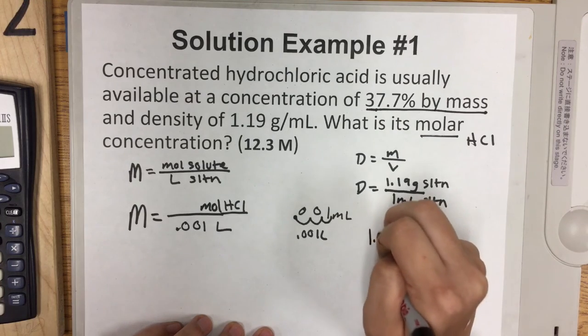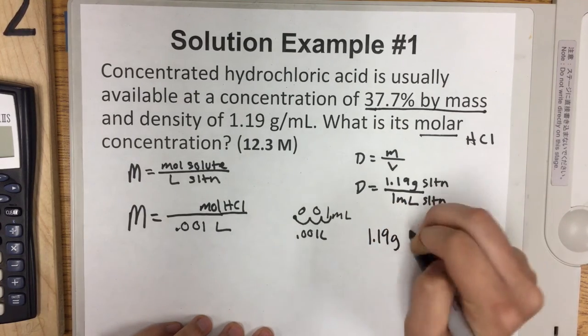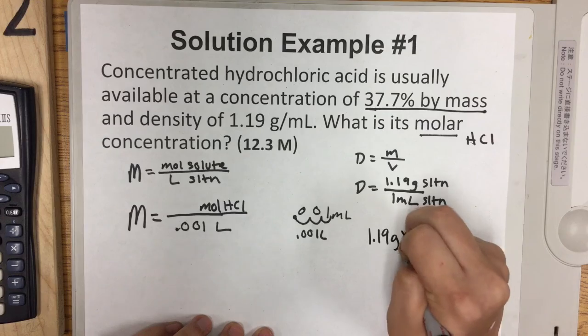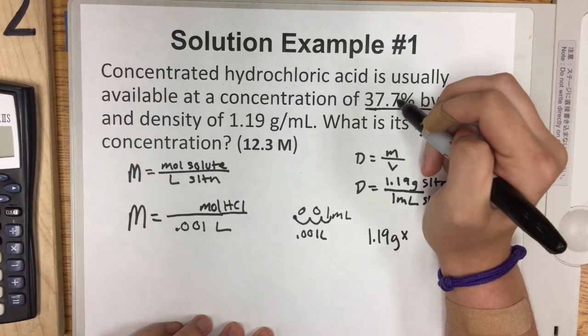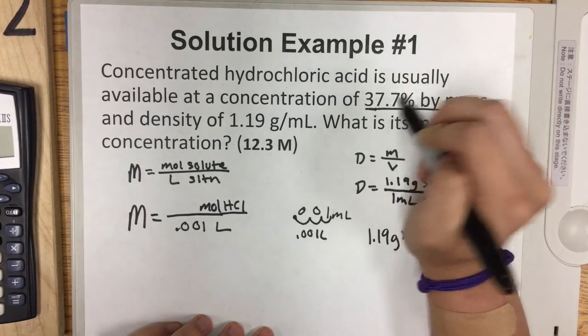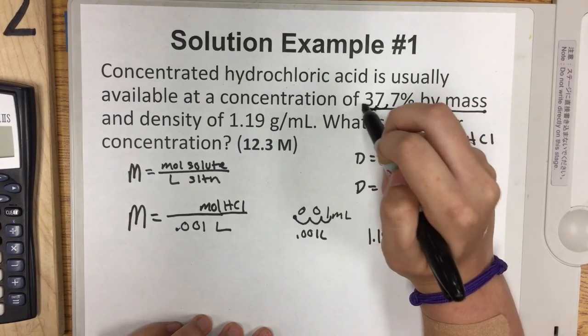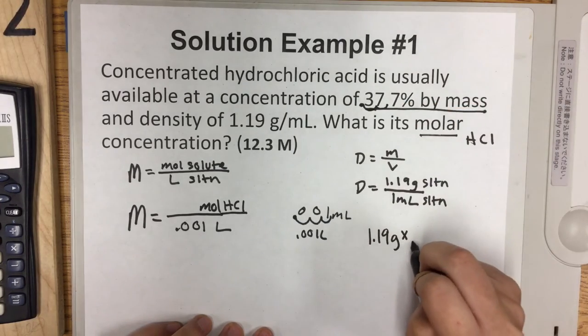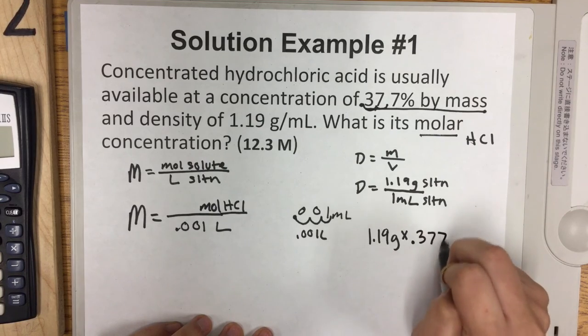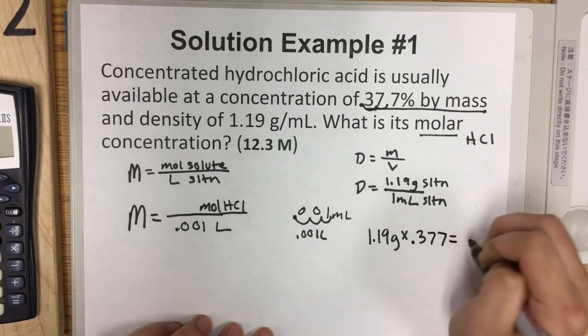So you take the 1.19 grams and you're going to multiply it by, if we make this a decimal instead of a percentage, because you can't really multiply percentages, you would move this over 2 decimal places to the left and be multiplying by 0.377.